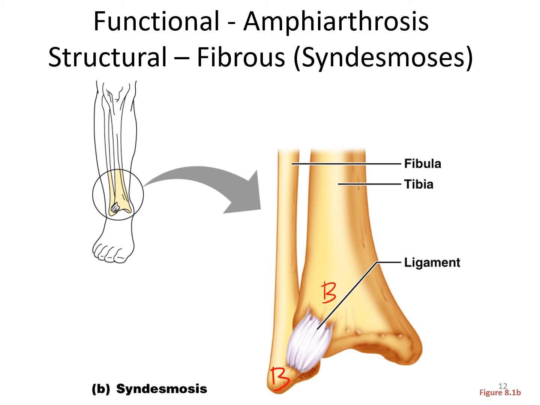Alternately, we can call this type of joint a syndesmosis. Syn meaning together, desmo meaning band. Okay, so syndesmoses are the types of joints formed by these ligaments. You've got them between your ulna and radius, and here you can see an example between the tibia and fibula. Now, because these are joints that provide a small degree of movement, we functionally classify them as Amphiarthroses.